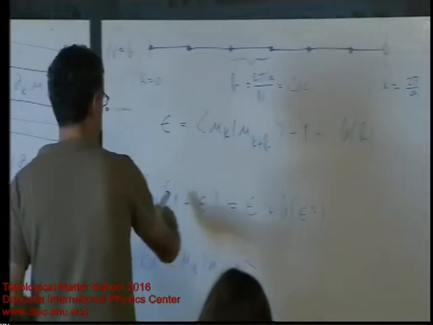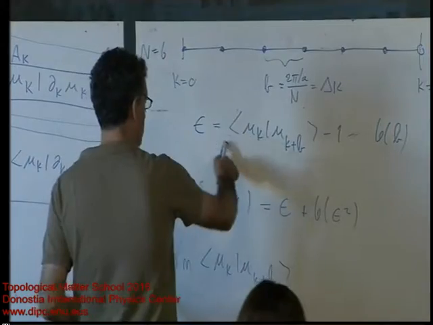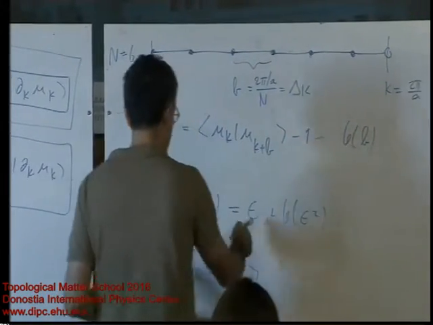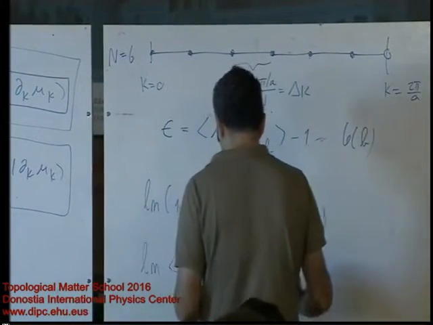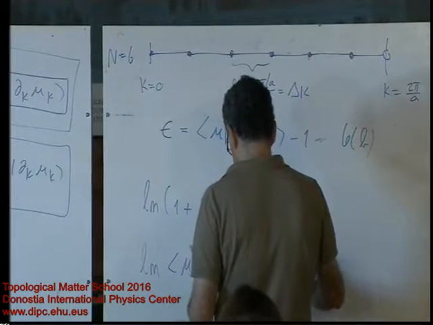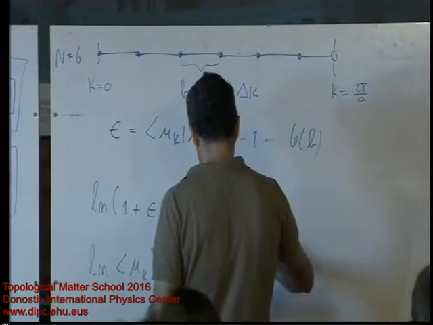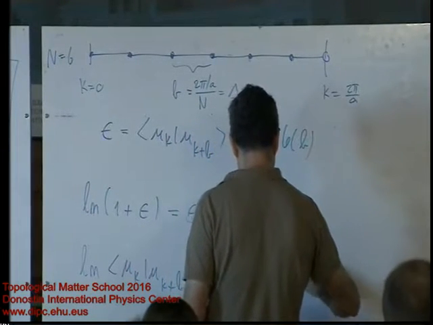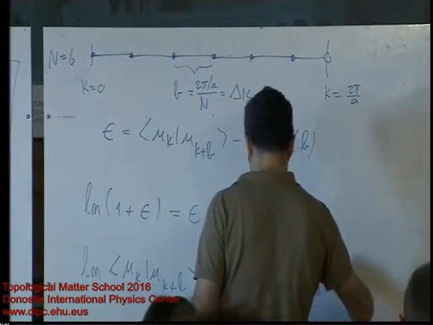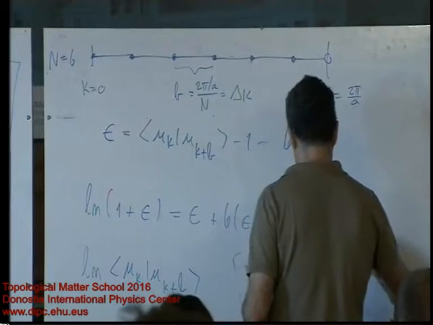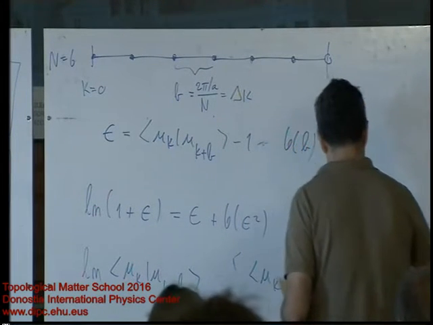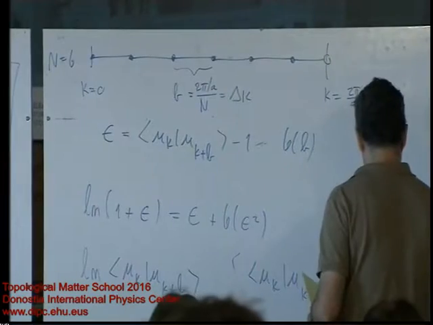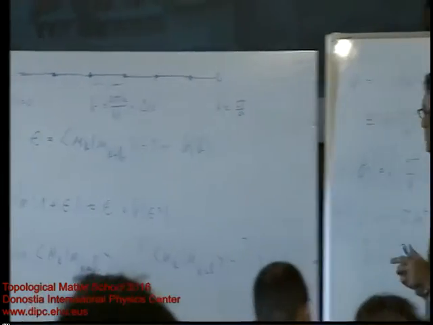So the logarithm of 1 plus epsilon, which is to say the logarithm of this overlap here, should be, to order B, the same thing. The difference is going to be higher order, like B squared. So is this clear?